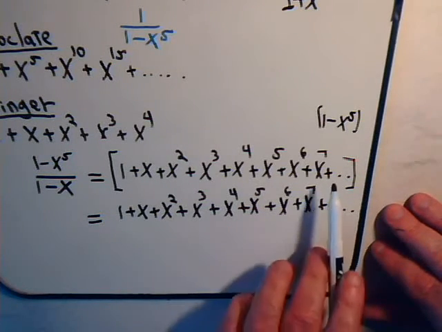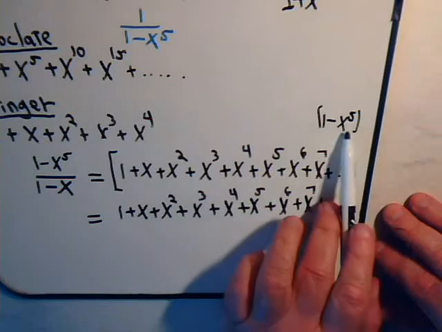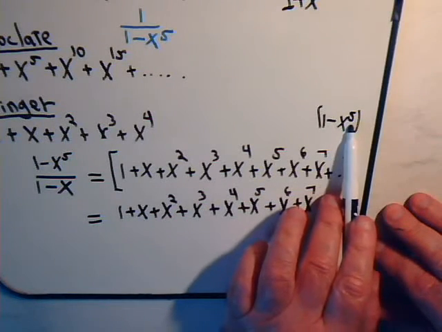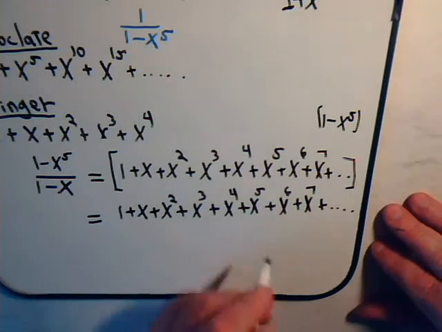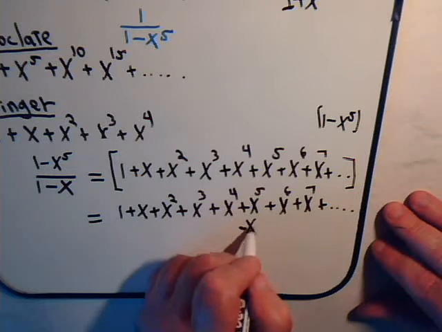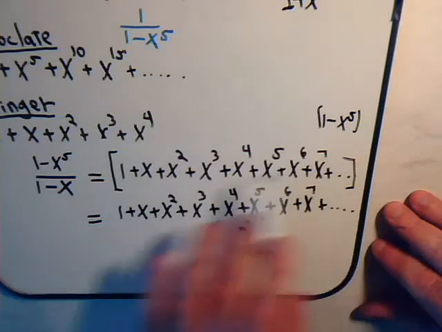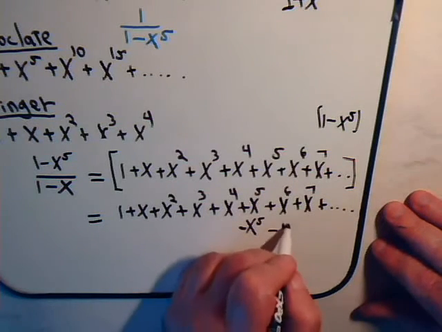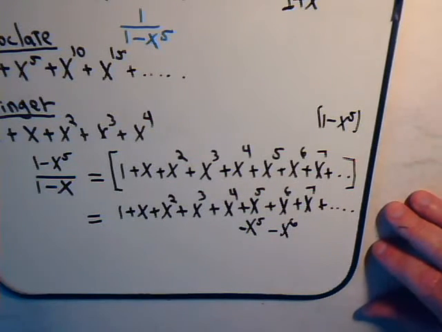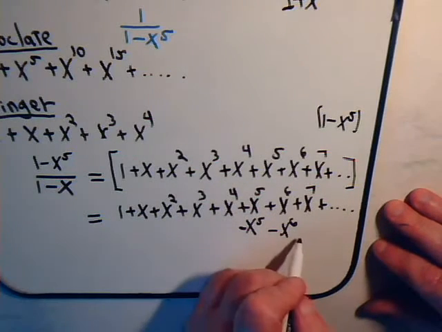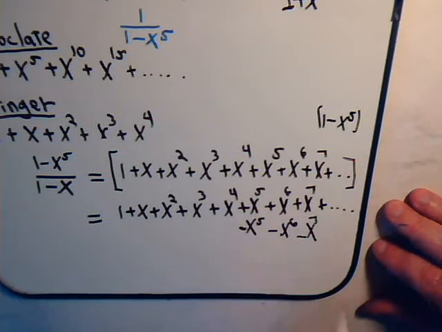Now we're going to multiply all these terms by minus x to the 5th. That times 1 is minus x to the 5th. This times x is minus x to the 6th. This times x squared is minus x to the 7th.